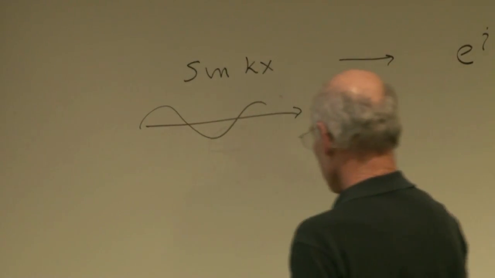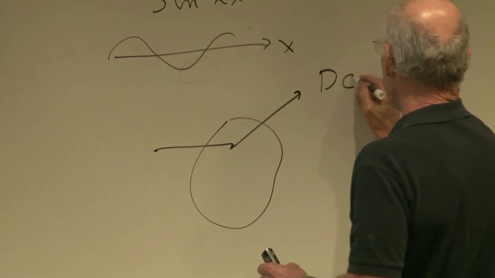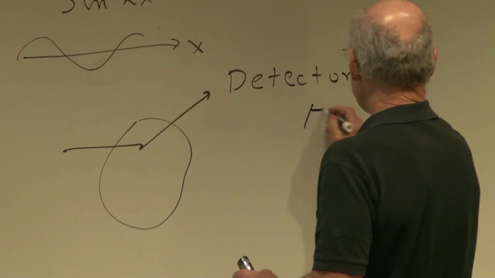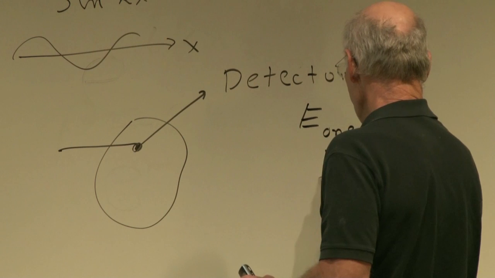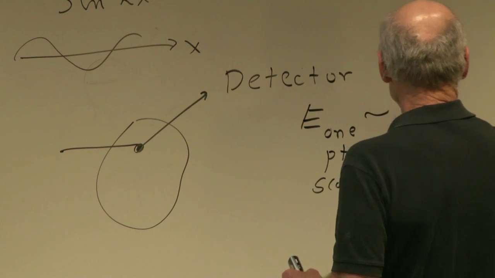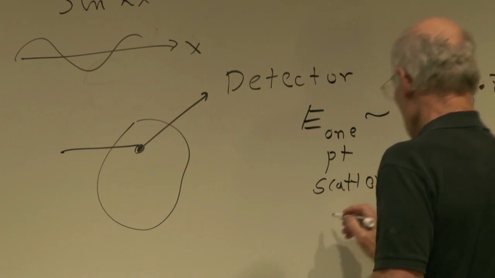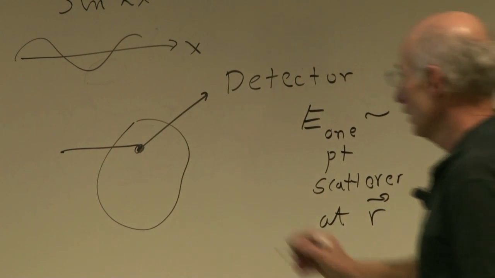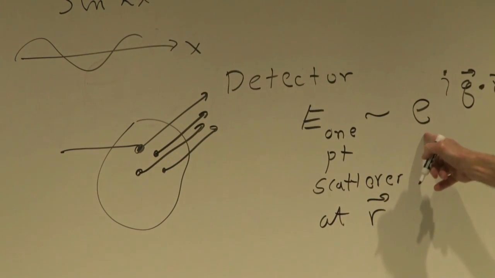Okay? And then, with this diagram, we found that when light went up to the detector, we had the field at the detector from just one point scatterer, proportional to e to the i q dot r, point scatter at r. And then we had to add up all these.